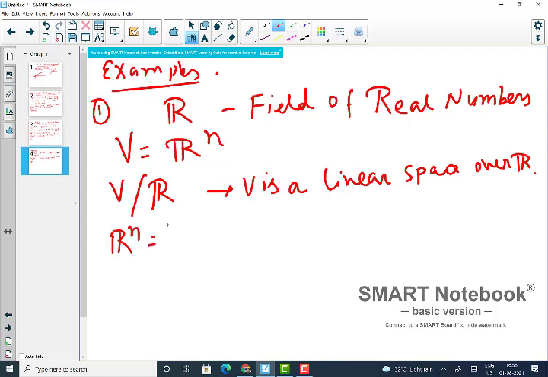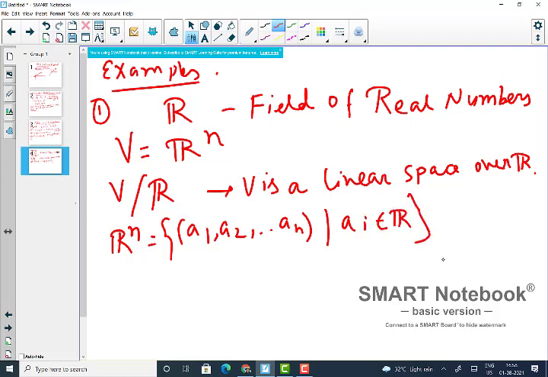Some people write row vectors like (a1, a2, ..., an), such that the ai's are elements of the real numbers. Some people write column vectors, the other way. Whatever you feel, you write down.